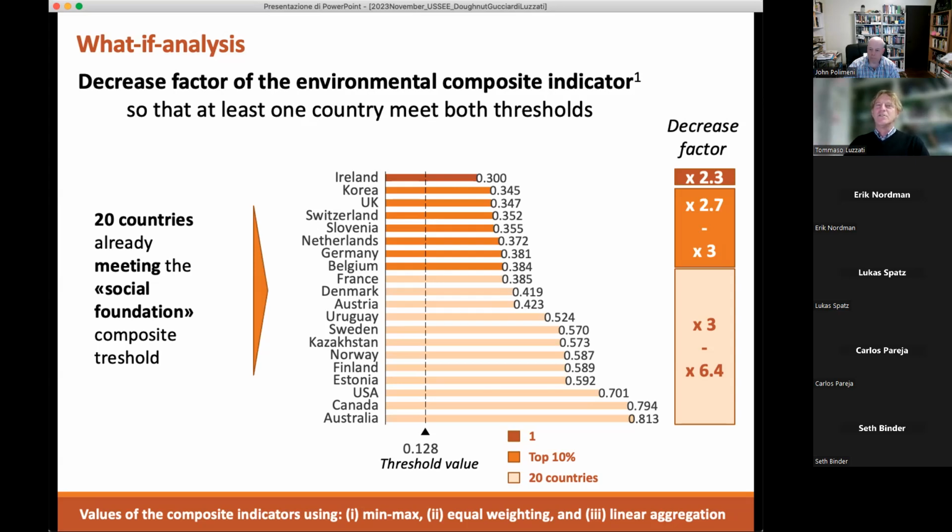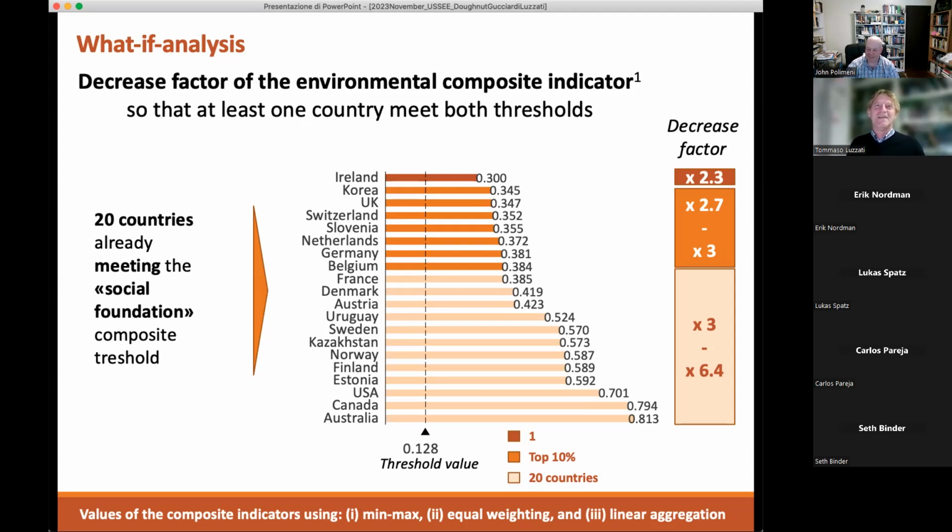And the answer is no. Even if you are more nice, even if you apply a very generous benefit of the doubt, we are in big trouble, even if we allow for compensation. So in a sense, the situation is even worse than what is depicted by O'Neill, by Andrew Fanning and by Kate Raworth.